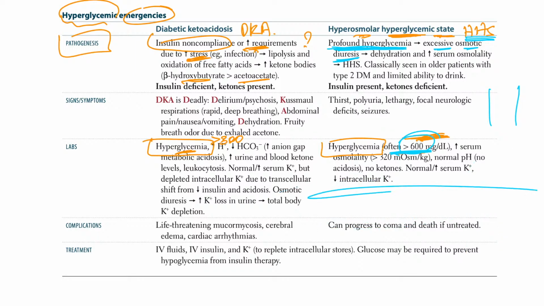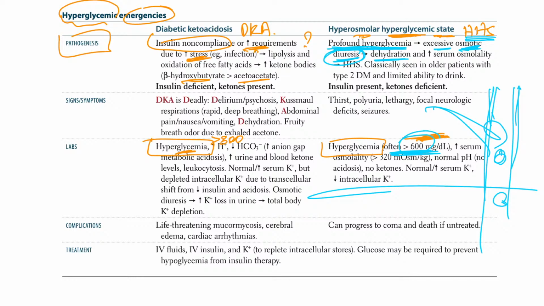So here we're looking at 600. Way too much. And that's going to cause what? Wherever the glucose goes, it's going to draw water in with it, right? So in the urine, you have a lot of glucose, it's going to draw all that water. It's going to cause osmotic diuresis, which is going to lead to dehydration.